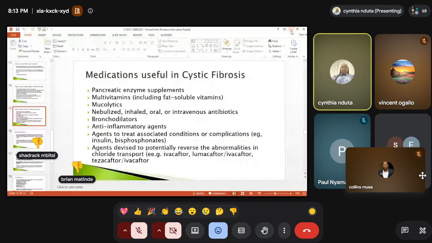Okay. Somebody's laughing, so I was hoping that it is an accurate representation of your facility.